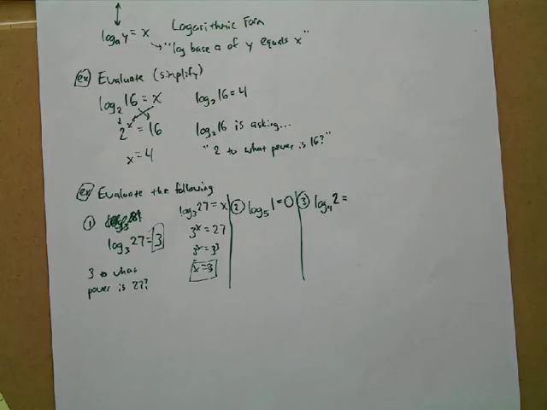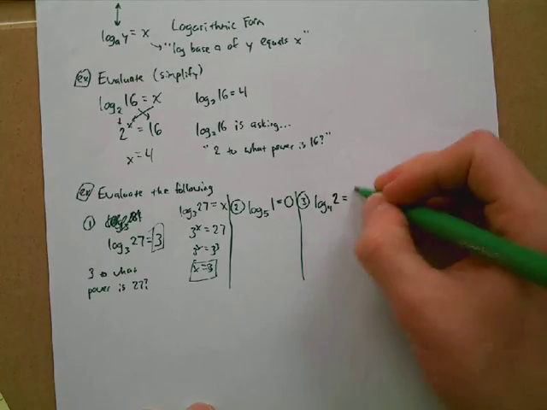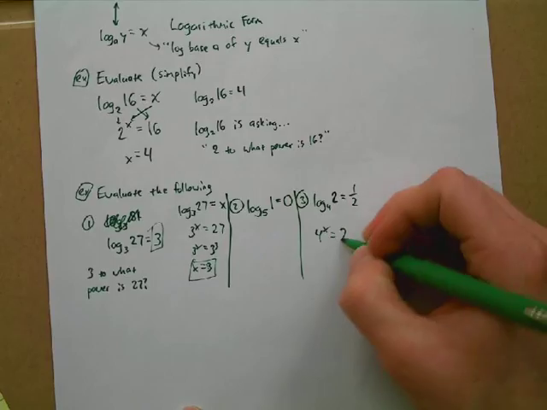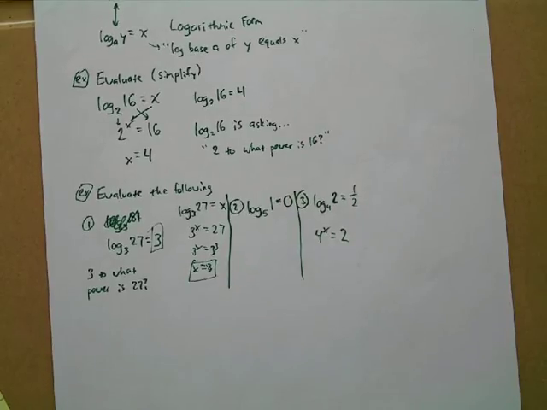We want 2, though. So yeah, Matt, 1/2 is right. Exactly right. If I rewrite this as 4 to what power gives us 2, well, 4 to the 1/2 power is the square root of 4. So that gives us 2. Very good.